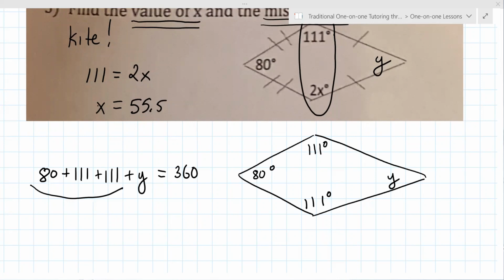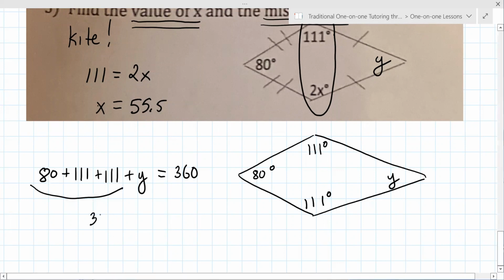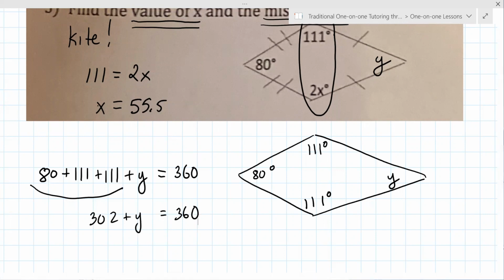302. Okay. So what do you do to solve for y? You have to subtract from both sides.